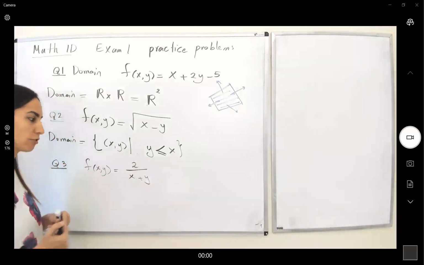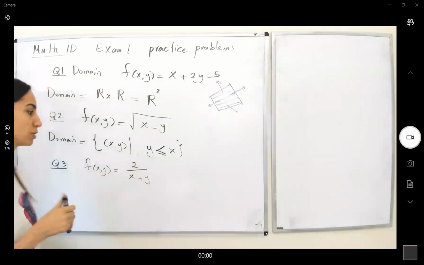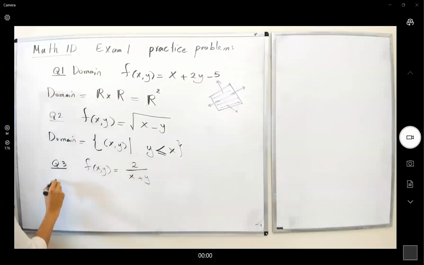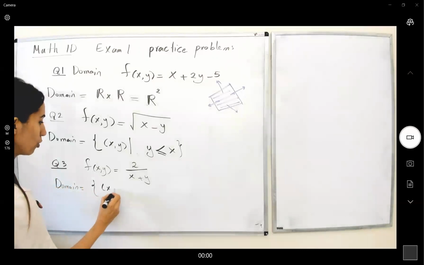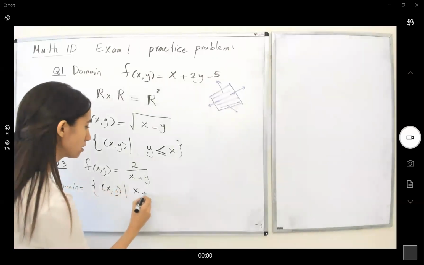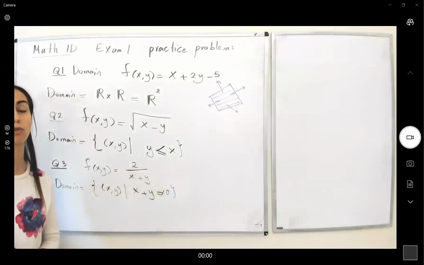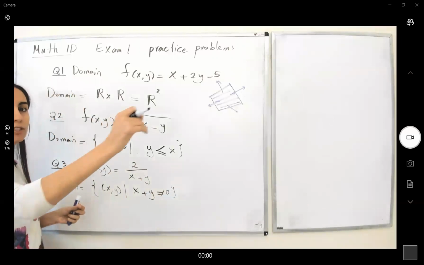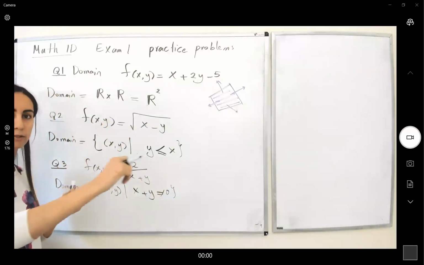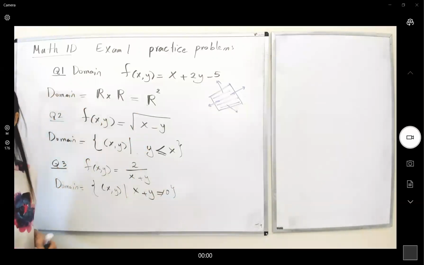When you have a rational function, you have to be careful about the denominator. The denominator cannot be 0. So the domain of this function is equal to the set of all points x and y such that the denominator is never 0, or y is never equal to x. If you graph it in the xy plane, you have to exclude the line y equals x.